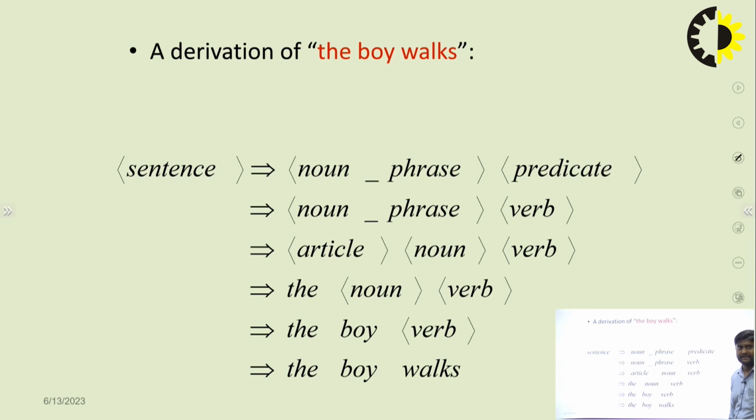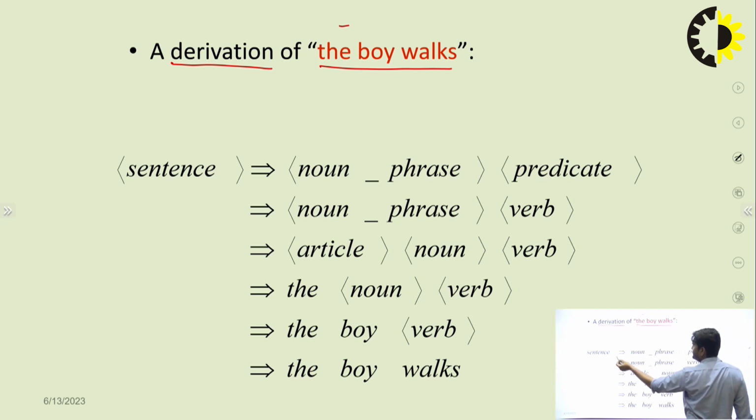Next, another topic: derivation. What is derivation? Derivation is a process to derive the string. It is known as a derivation. Take "The boy walks." This string is generated by the grammar using the given rules.